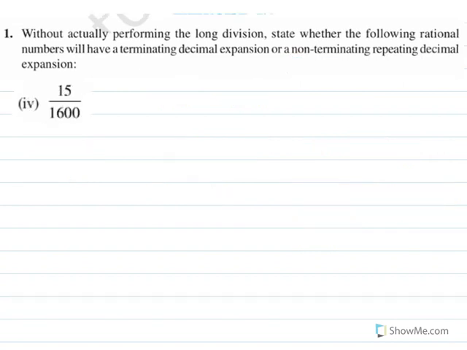Now for 15 over 1600. Now this is first very important to reduce it. Reduce it by 5, you'll get 3 over 320. Always reduce it. So if you do prime factorization of 320, it is 2 raised to 6, 5 raised to 1.